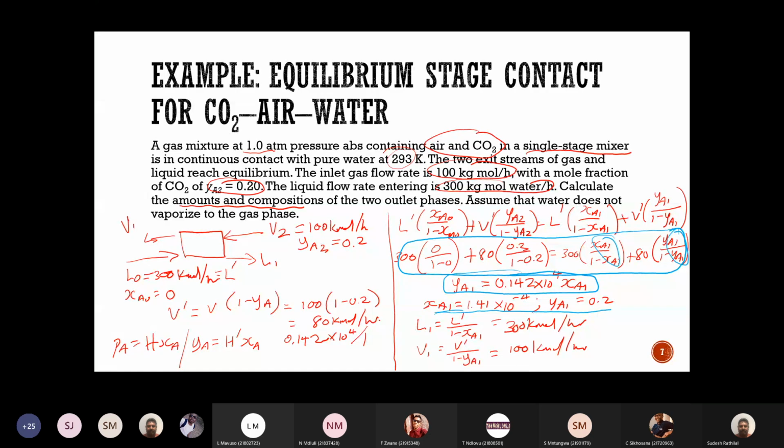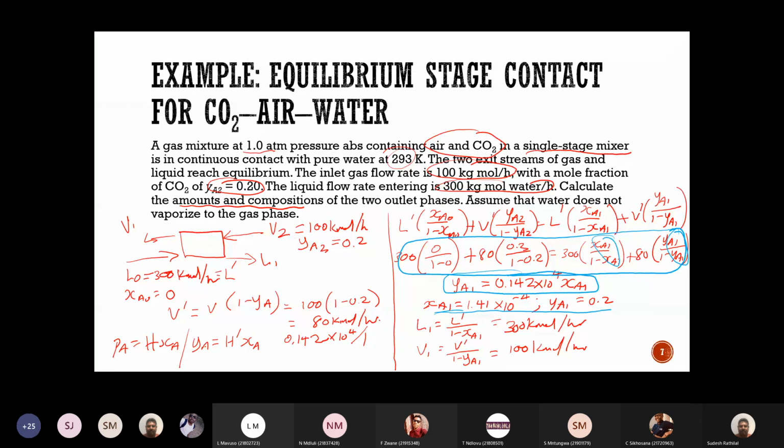What it is telling us is that the CO2 concentration is very, very small. So there is absorption taking place, you are removing CO2 from the V2, but the concentrations are very, very small, 1.41 times 10 to the minus 4.